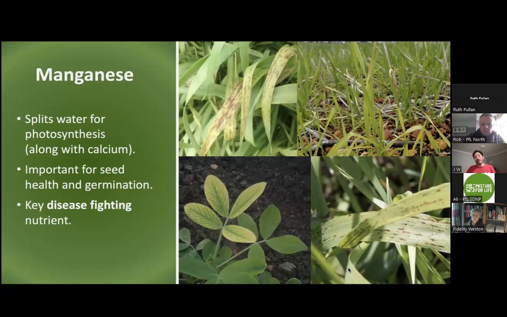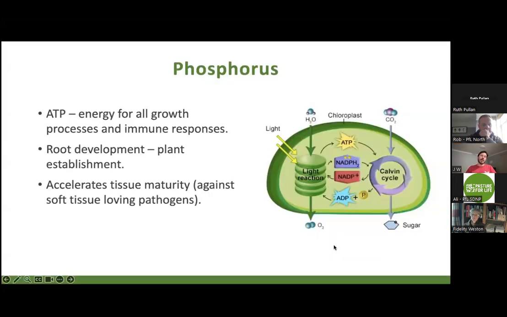And it does that through two mechanisms. One, the facilitation of lignin synthesis, so really toughening up the skin of the plant, but also manganese plays a role in the synthesis of some of the internal systemic defense chemicals that can also help to fight off disease.